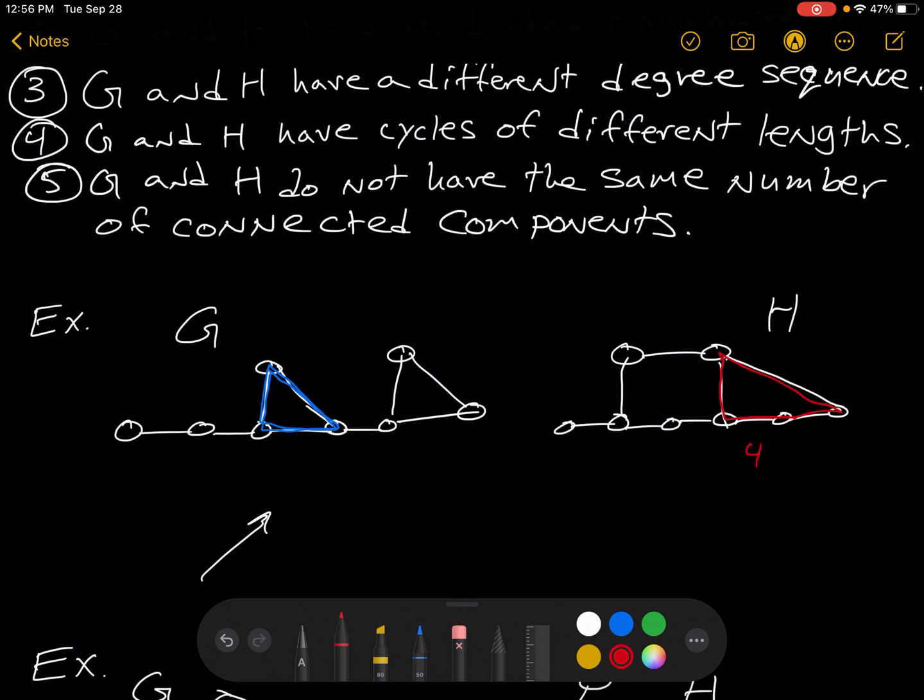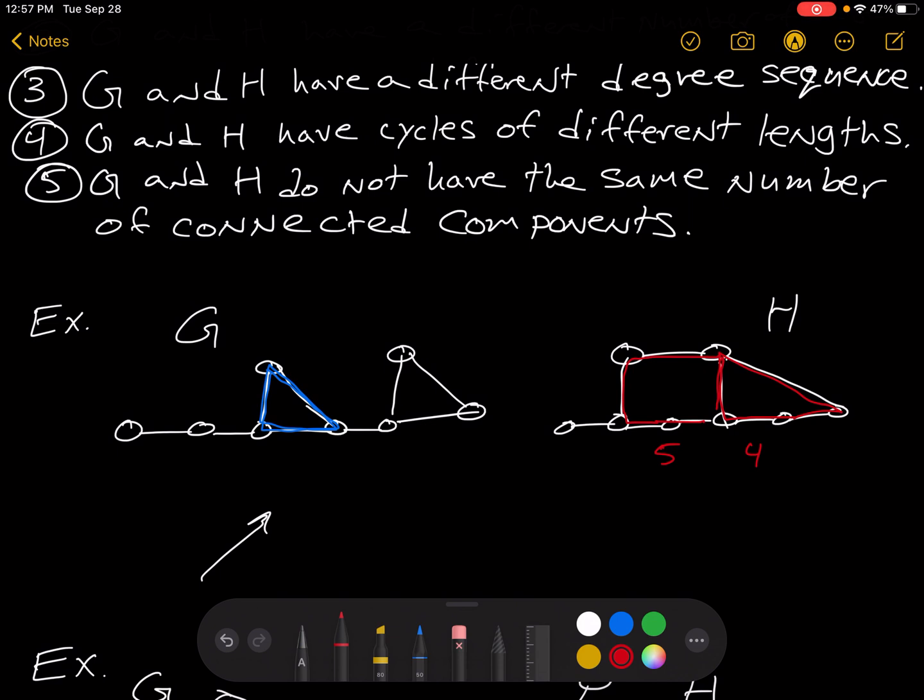And then also this one. 1, 2, 3, 4, 5. Okay, that one's a cycle of length 5. So we have a 4 cycle and a 5 cycle in H, but in G we only have cycles of length 3. So this is why they're not isomorphic.